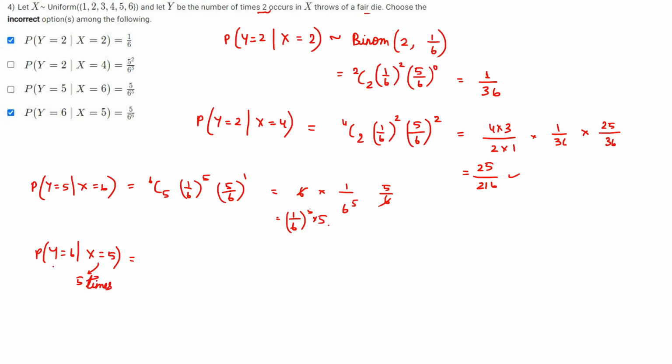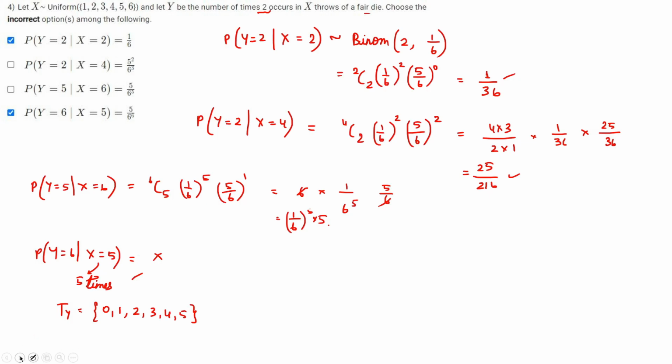So the range of y is nothing but 0, 1, 2, 3, 4 and 5. So if we are throwing a die 5 times, we can expect the number of times that we are getting 2 is only 5. We will not be getting 6, right? So this question is invalid. So the incorrect options are the last option, that is this one, and the first option, right?